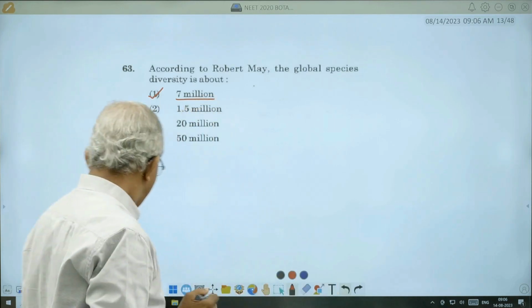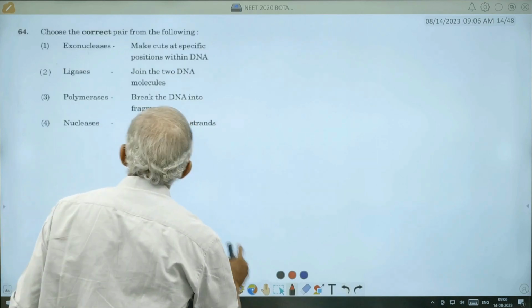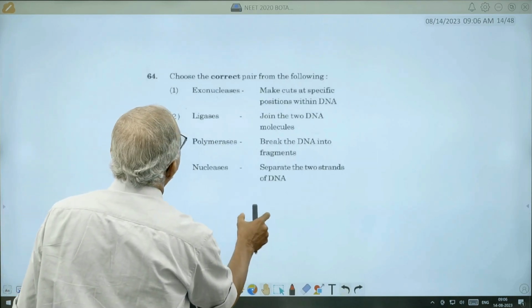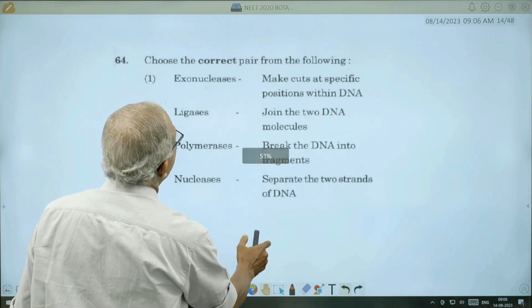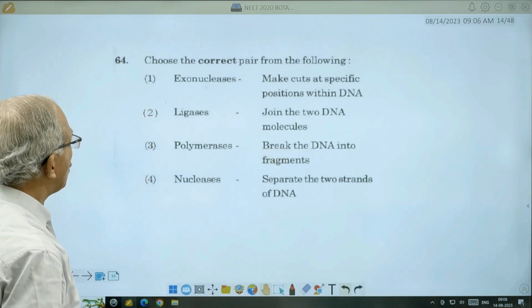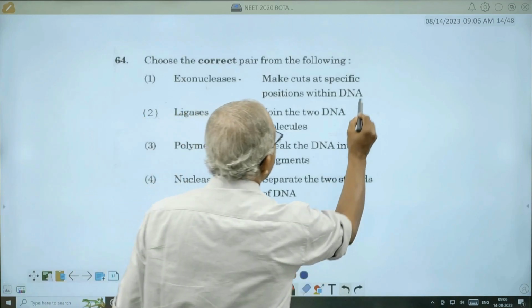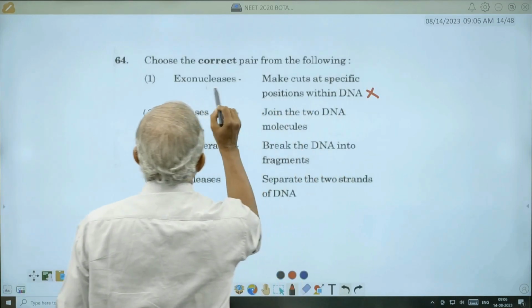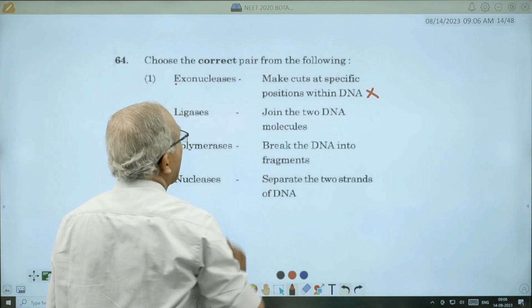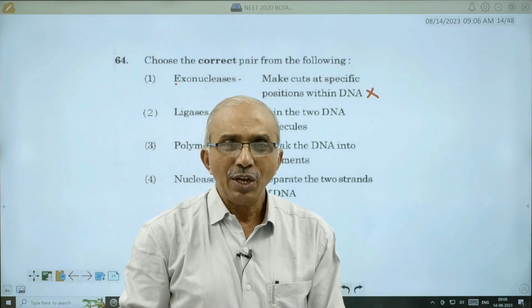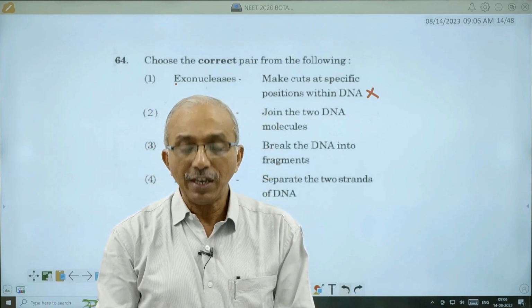Then next is choose the correct pair from the following. First pair is wrong because exonuclease makes cuts not at specific places.